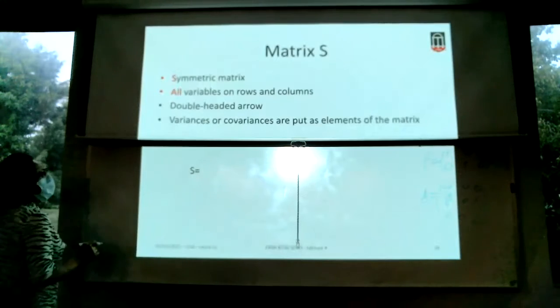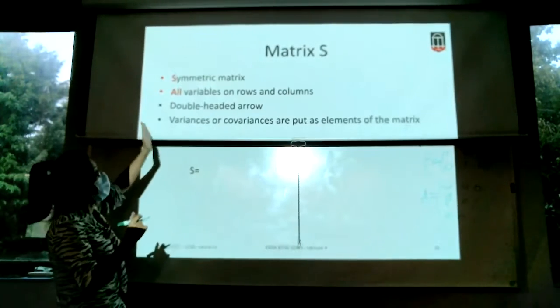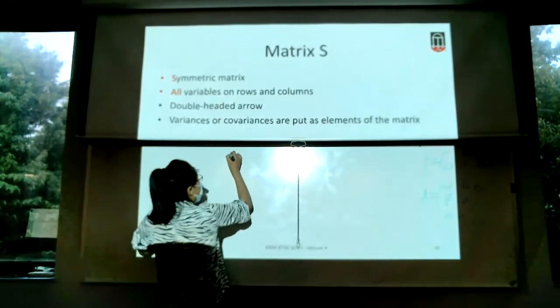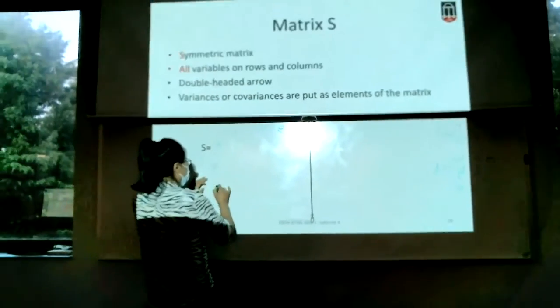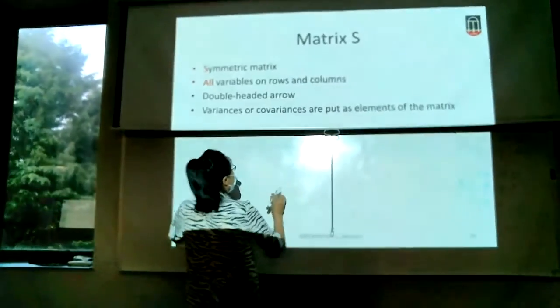It's for double-headed arrows. And again, it's for all variables on rows and columns. So we have X, Y, E here, and X, Y, E here.